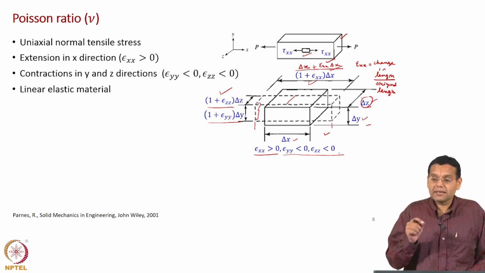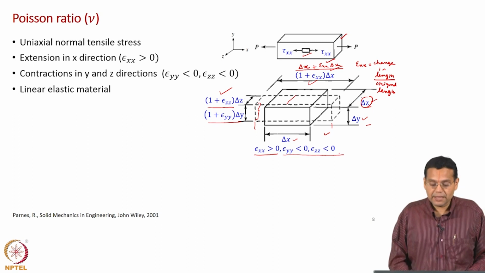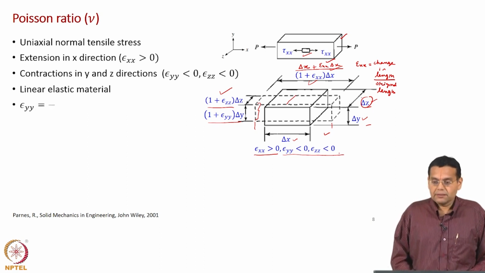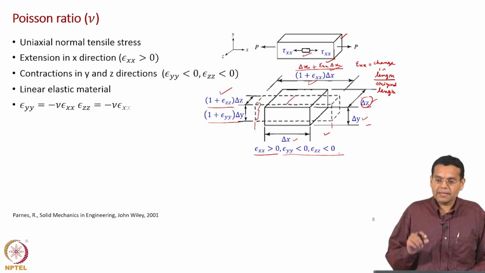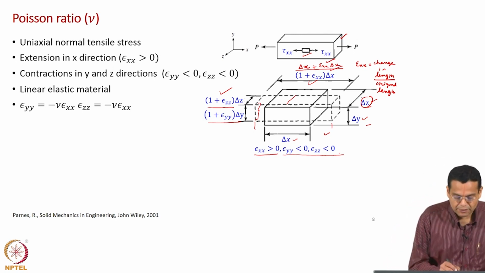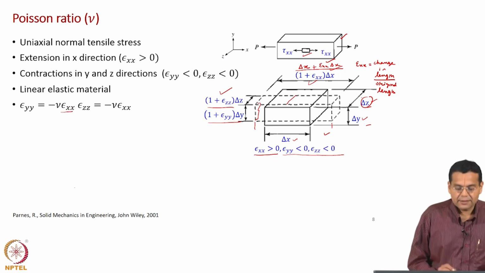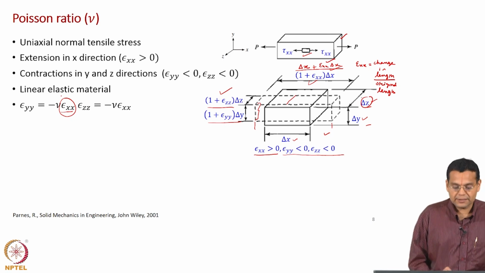Now, for a linear elastic material, it has been experimentally observed that the normal strain in the perpendicular direction is proportional to the normal strain in the direction of stress. What is the direction of stress? X direction. Epsilon xx is the normal strain in the direction of stress.